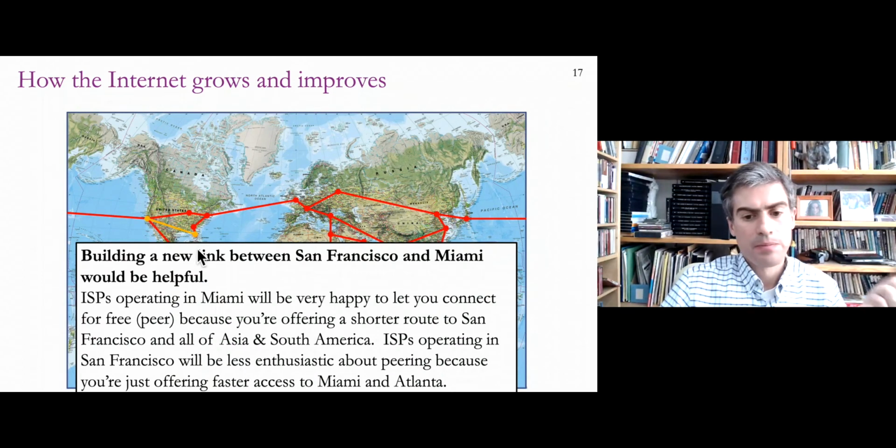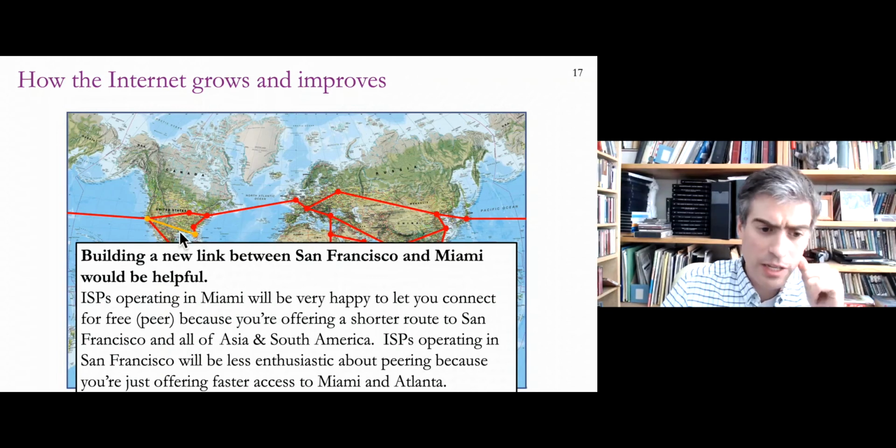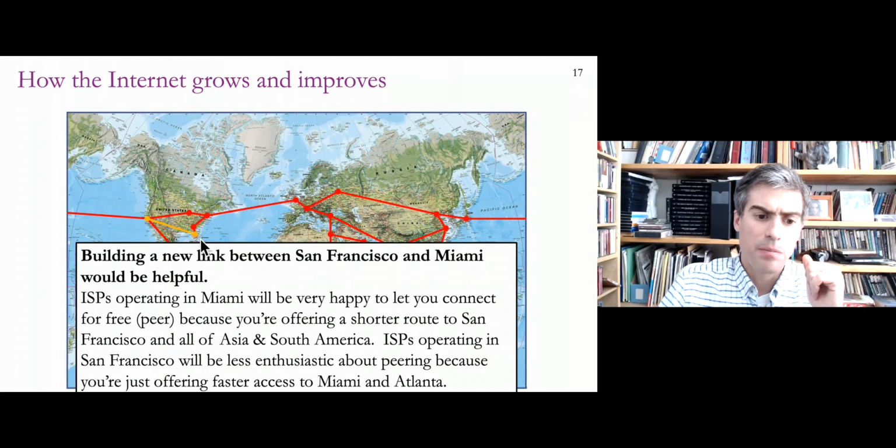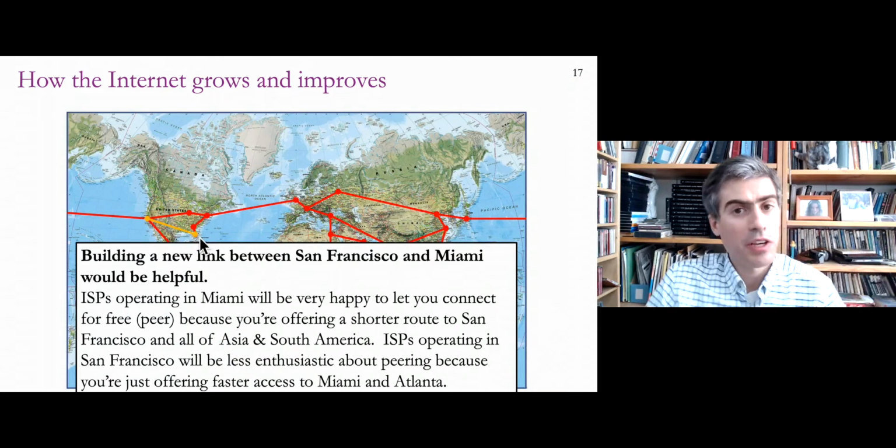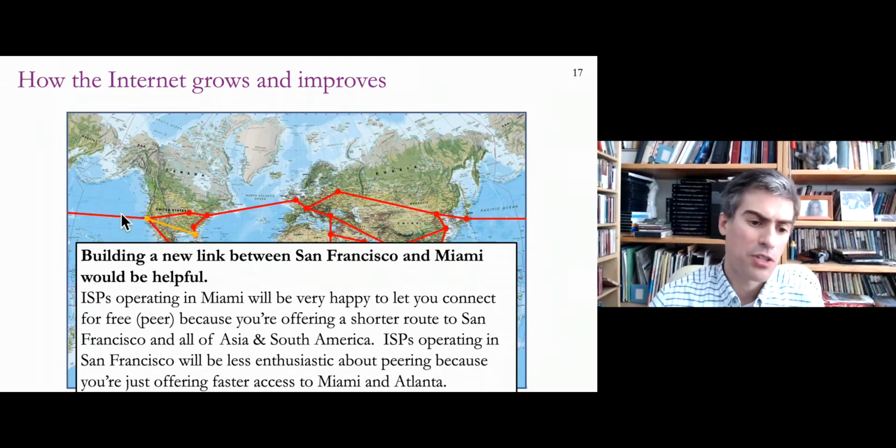So theoretically, this could be improved by building a new link. This yellow link here shows a plan to build a link between San Francisco directly to Miami, and that would improve the internet, right? Because now there would be the option to go directly from Miami to San Francisco. The number of hops would be fewer.